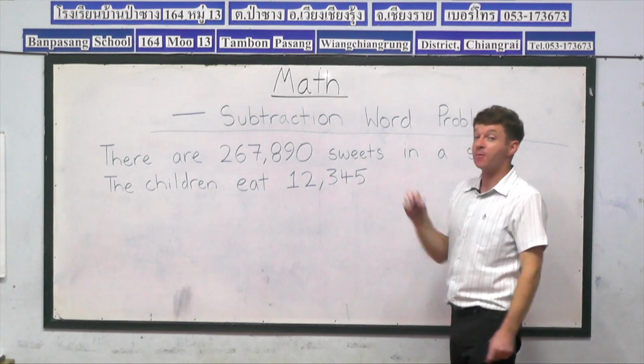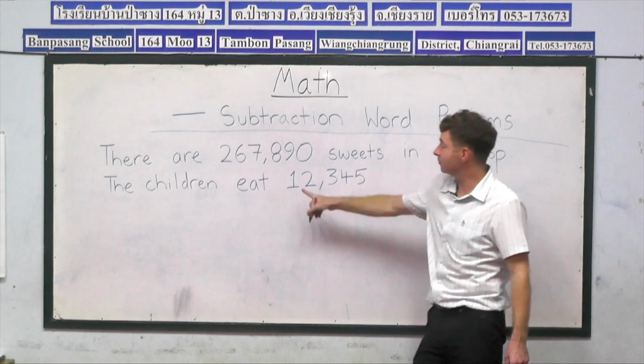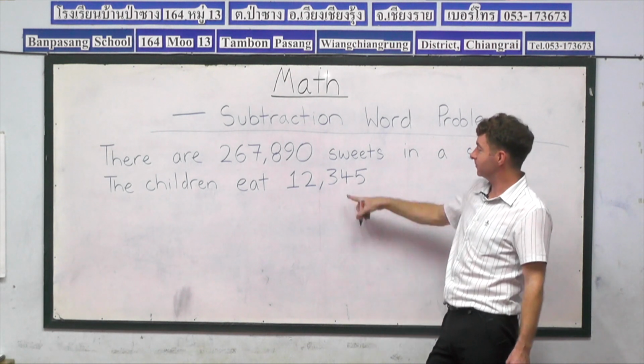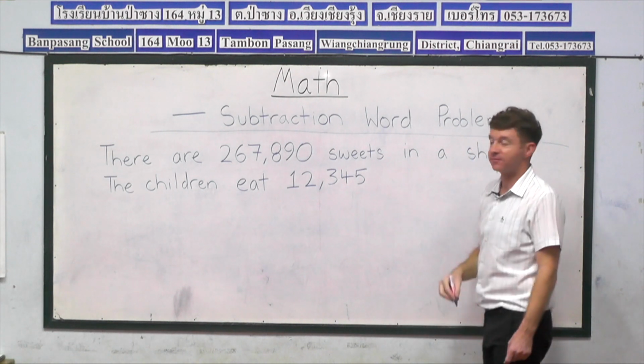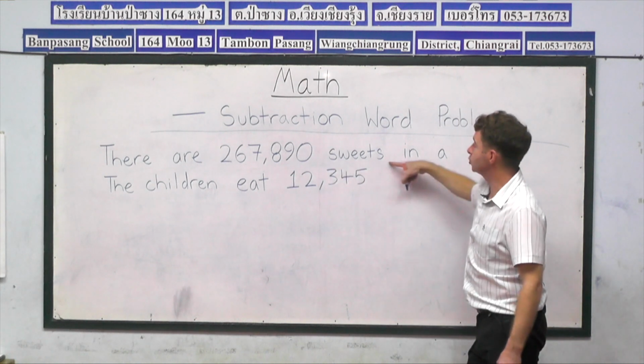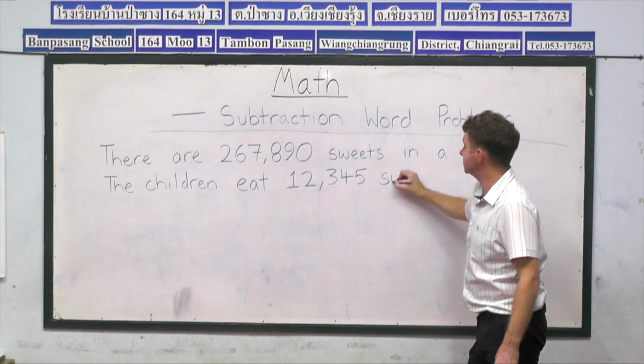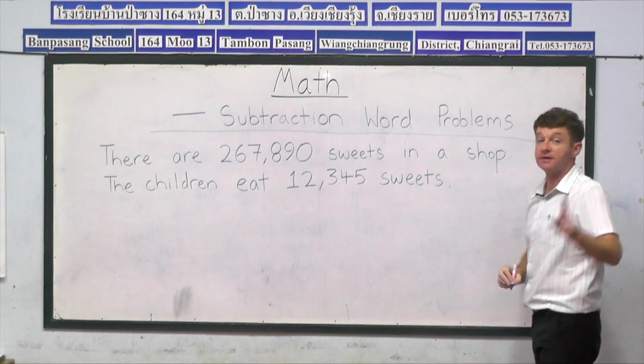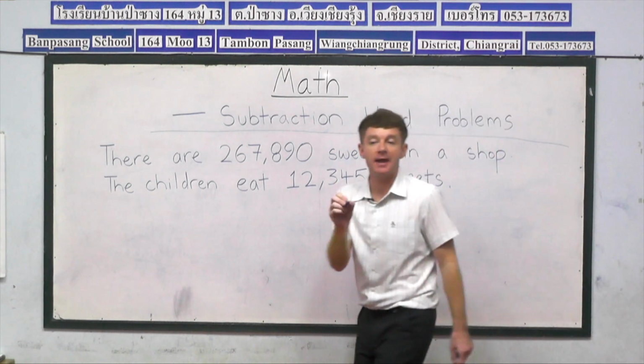Okay, so now we have a 5-digit number. 12,345 sweets. S-W-E-E-T-S.